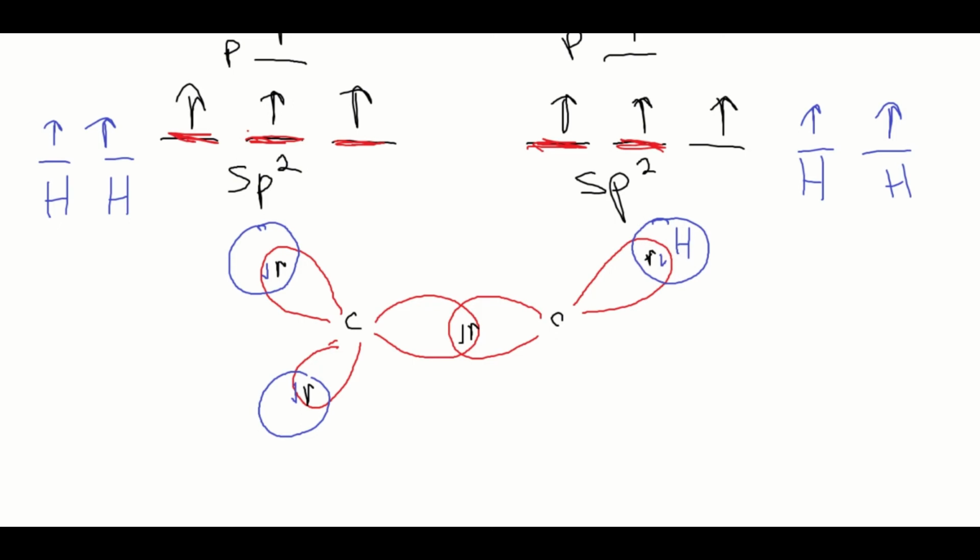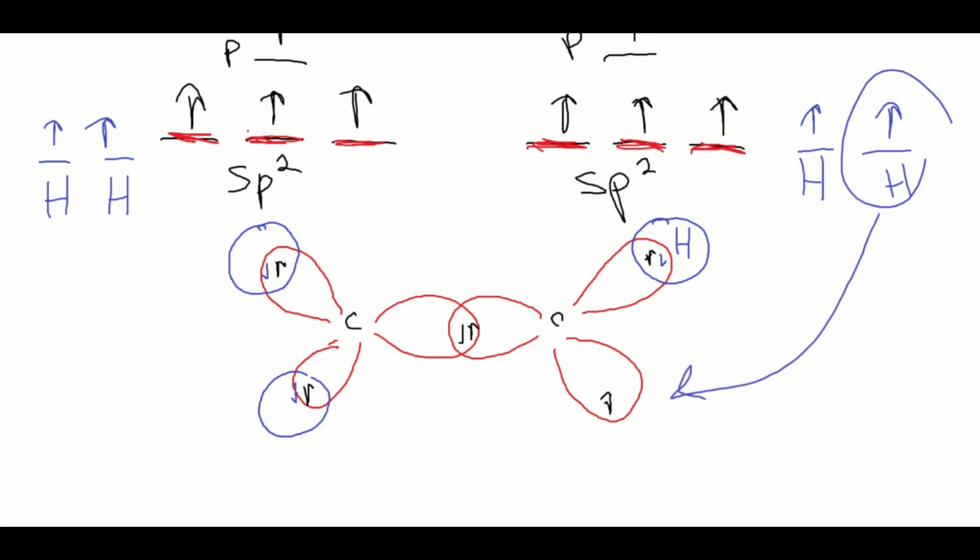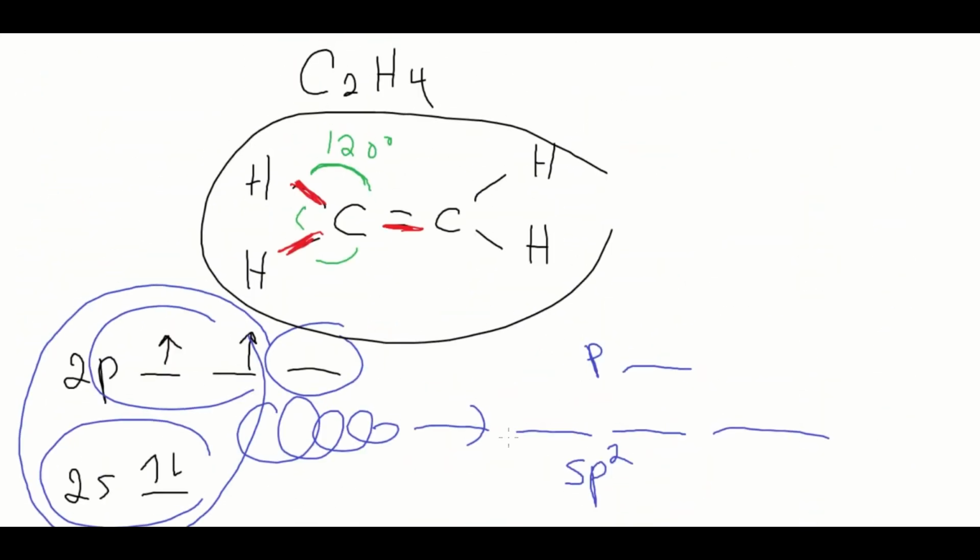All right, and here we go. There's that last sp2, and there's that electron, and here comes that hydrogen now. Hydrogen comes in an s orbital, the electron does. There it is. And we just did our last two sigma bonds. So this molecule has 5 sigma bonds.